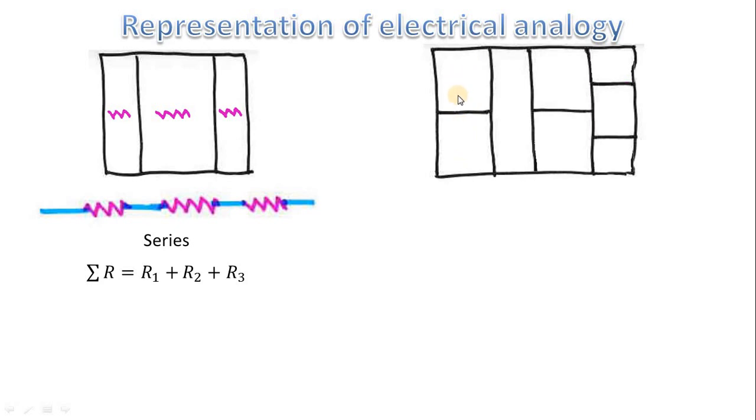It has two slabs in a single vertical column. If you consider this one, it has only a single slab. In this there are two slabs, and in this column there are three slabs.